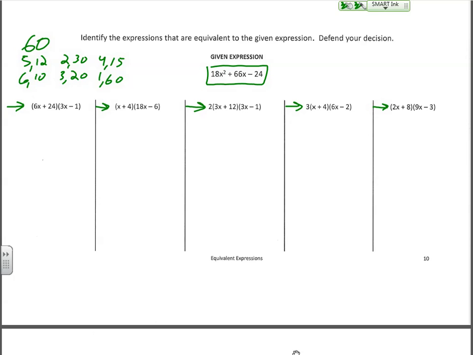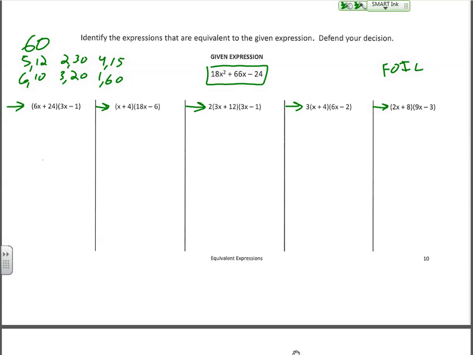Another option, if that doesn't sound like very much fun, is to take an expression and FOIL, crab claw, or box it to see if you get the original trinomial, and then do that for all of them. Okay, so you can factor the original, see what you get there. You can FOIL, crab claw, box each of the ending expressions to see if you get back to the original.